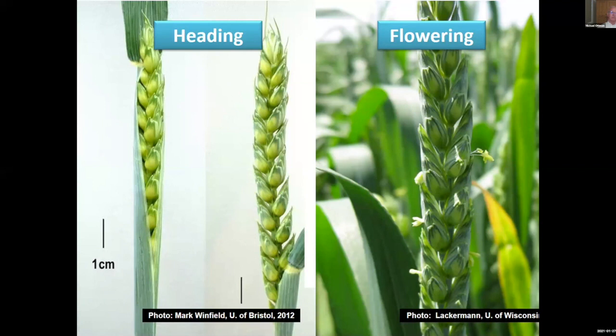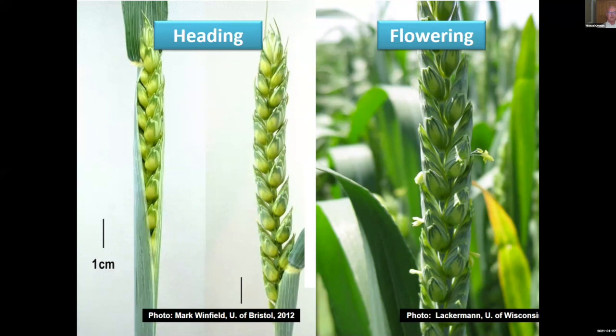In this case, this plant has a head emerging. It's not fully emerged, but the head is emerging. And this head is almost fully emerged because the base of the head is almost past the leaf collar.